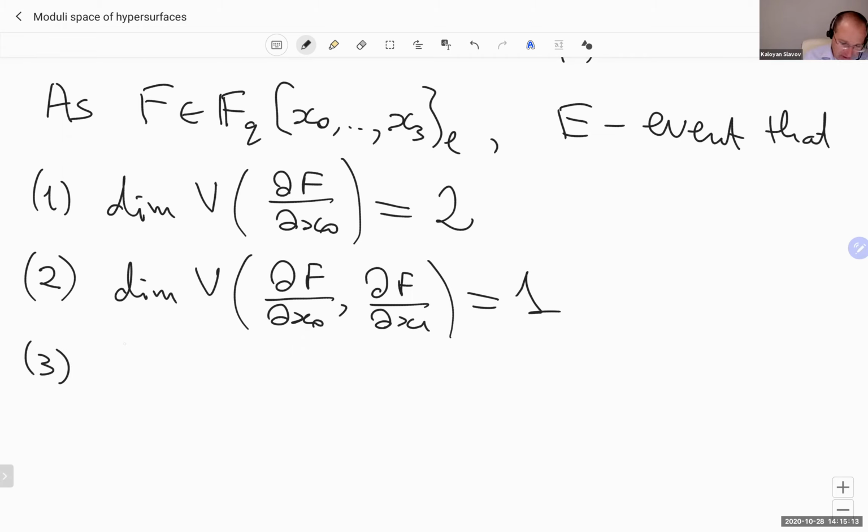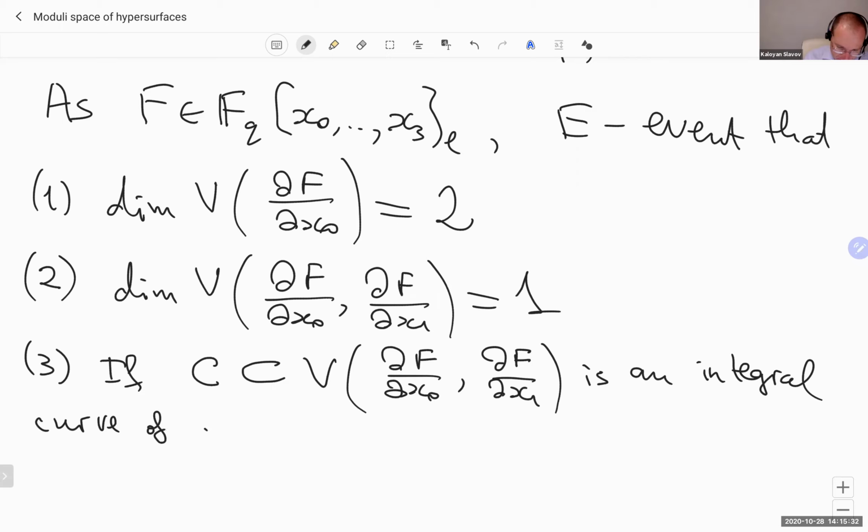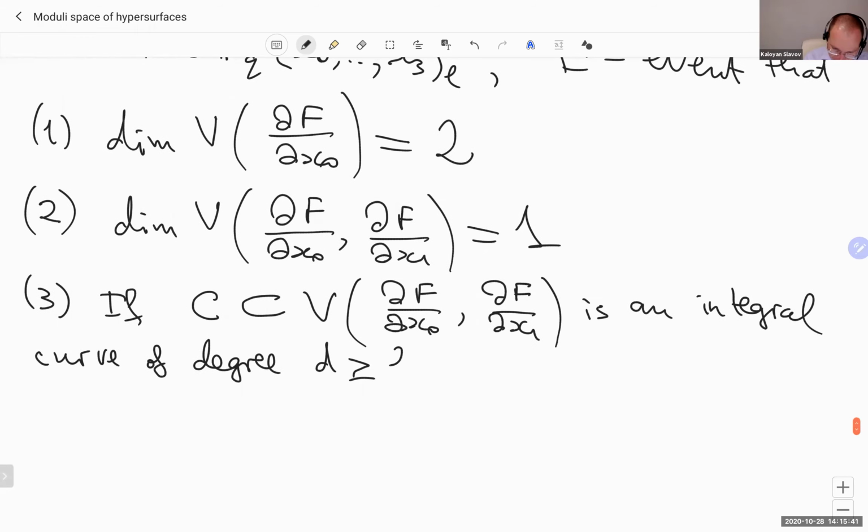And 3, if C inside this vanishing locus, df dx0, df dx1, is an integral curve of large degree, greater than or equal to L plus 1 over 2, then C is not contained in the vanishing of df dx2.